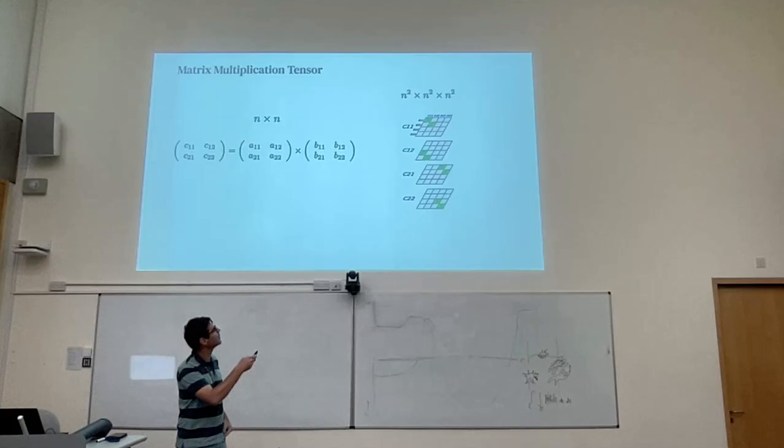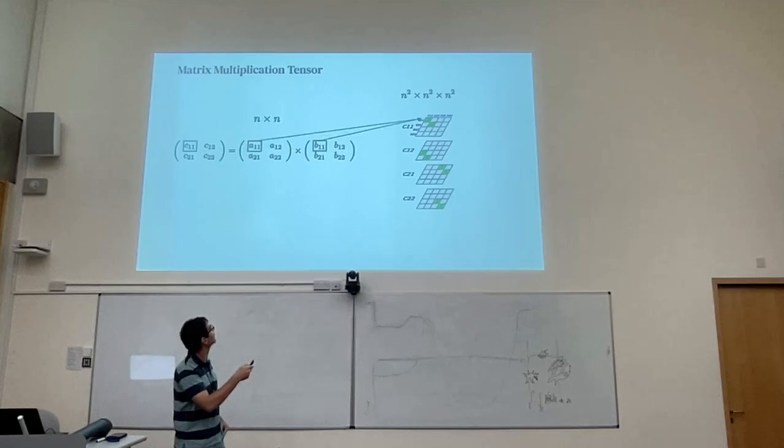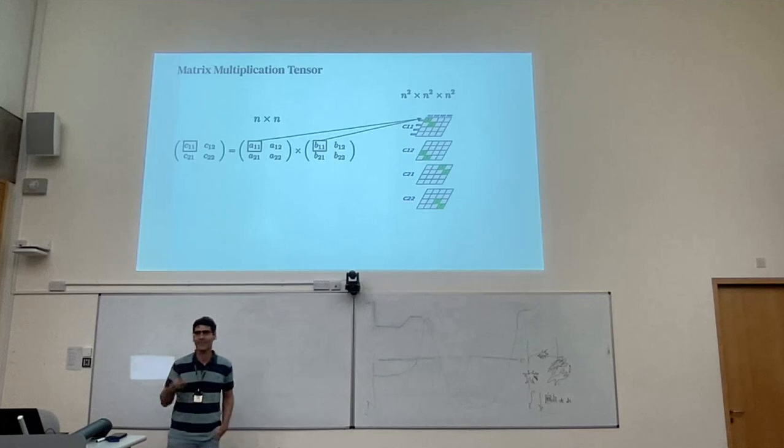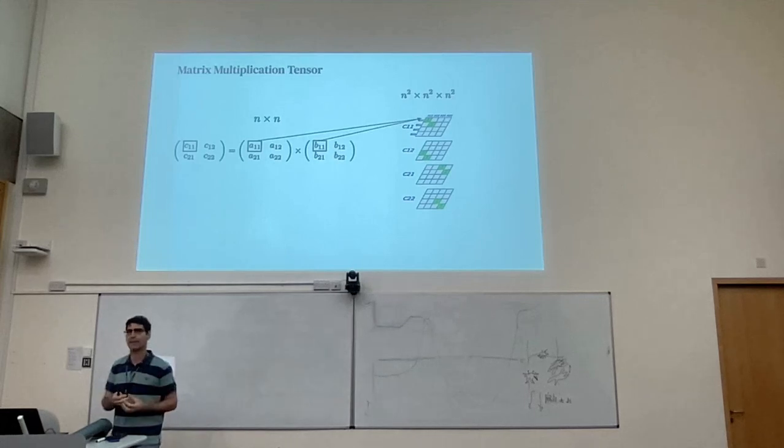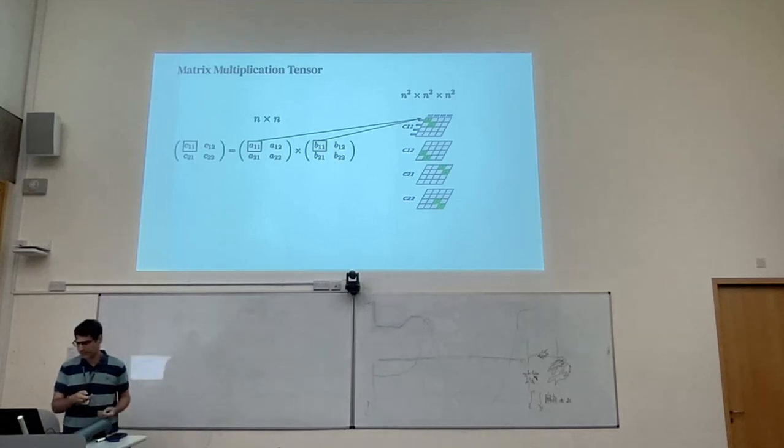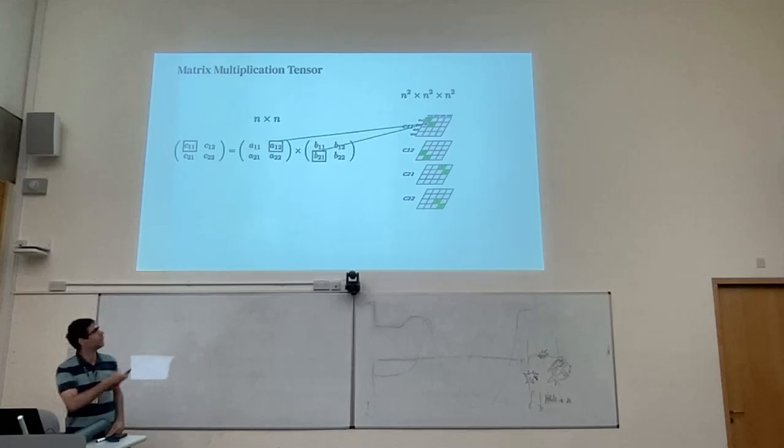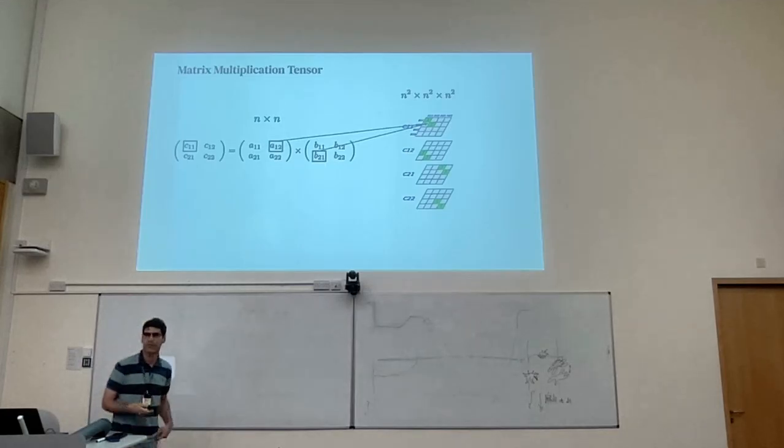For example, A11 and B11 are linked together, because they're multiplied together, and the result is written into C11. So the entry corresponding to C11, A11, B11 is 1 in the tensor because all these elements are linked together. Similarly, C11 also depends on A12 times B21, so you put a 1 there to indicate that this is also linked together.